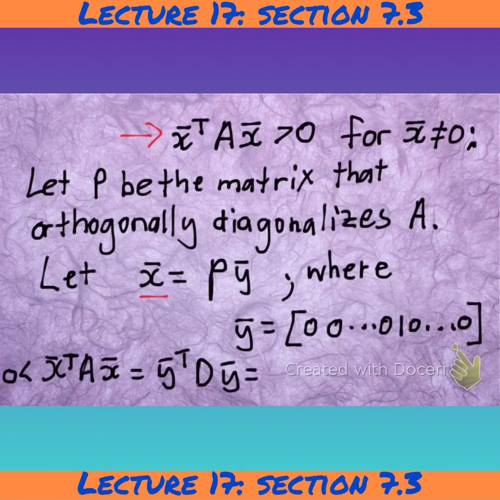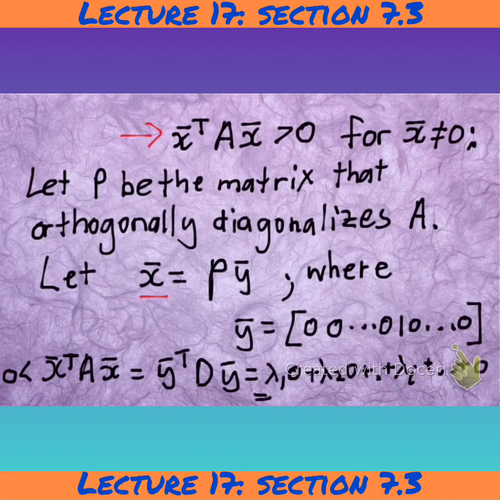And that is basically lambda 1 times 0 plus lambda 2 times 0, and then in the ith position you're going to get lambda i, and then zeros everywhere.